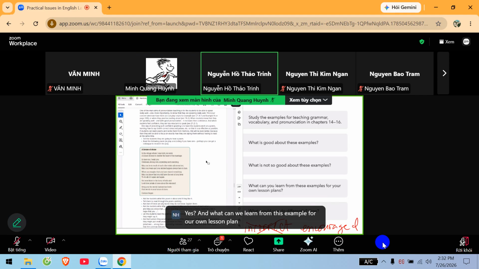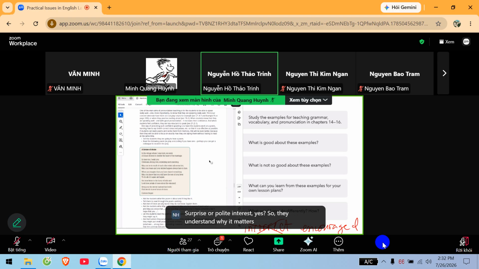The first lesson we learn is focusing on intonation and connected speech through full sentences, short stories, or poems rather than isolated words. The second one is connecting intonation to emotion. We can show students how to express attitudes like excitement, surprise, or polite interest, so they understand why it matters.